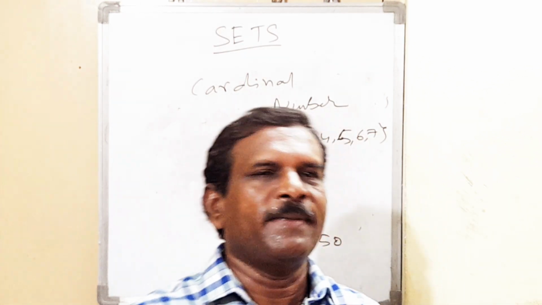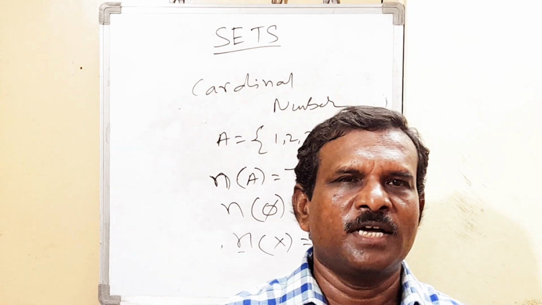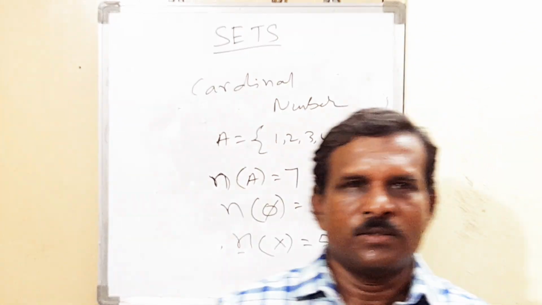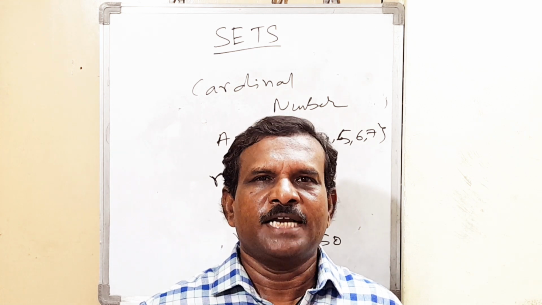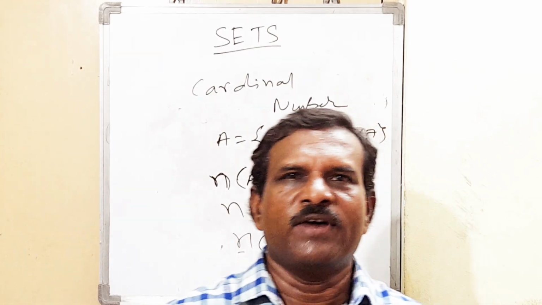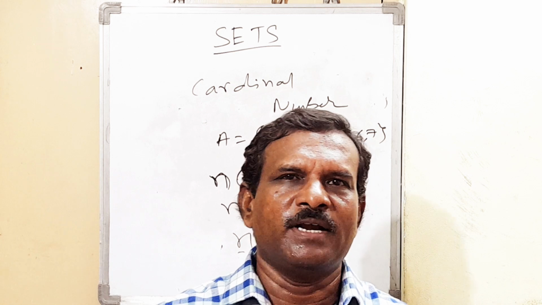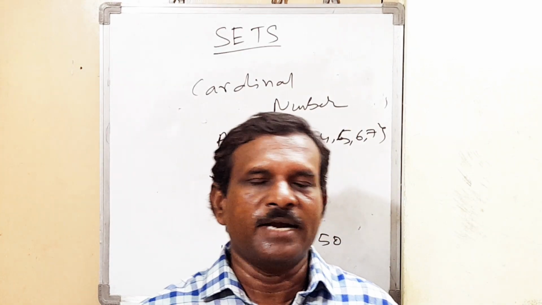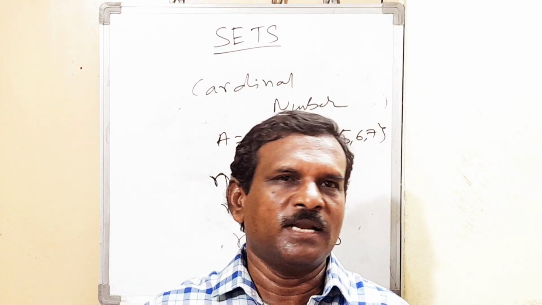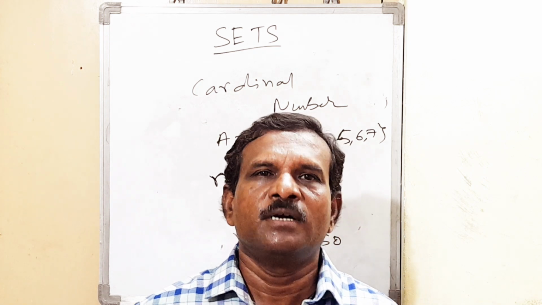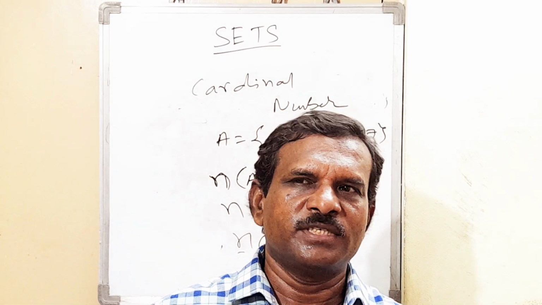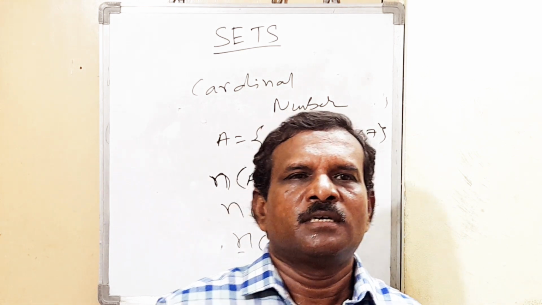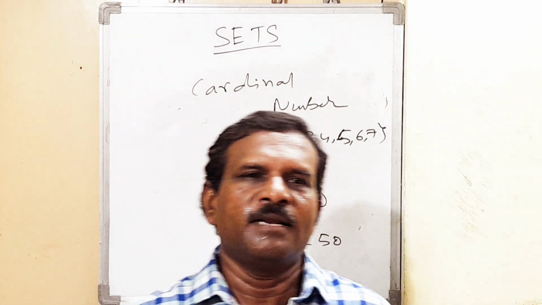Okay, so this is the basic information and definitions about sets. Let us recap everything we have discussed in this video. A set is a collection of well-defined objects. Well-defined means you should be able to identify whether an element belongs to the set or not. Sets are denoted by capital letters, and elements by small letters if we use the alphabet, or numbers, real numbers or whatever.